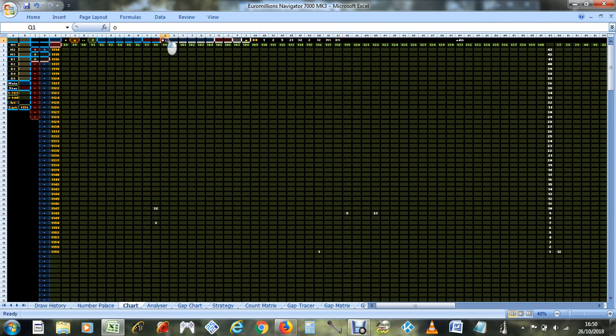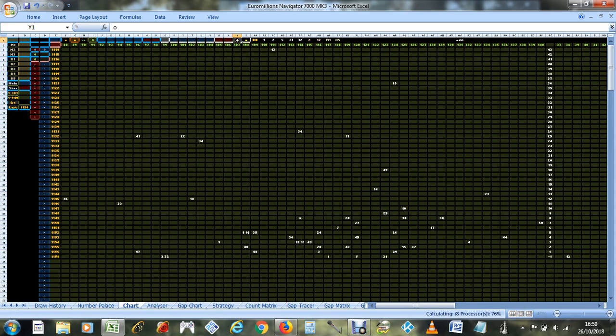Now, let's look at all the numbers. Let's see how the chart transformed when these numbers came out. So, not much of a transformation there, because only 10% of the numbers actually move in any draw.